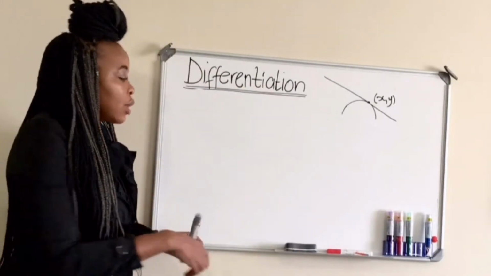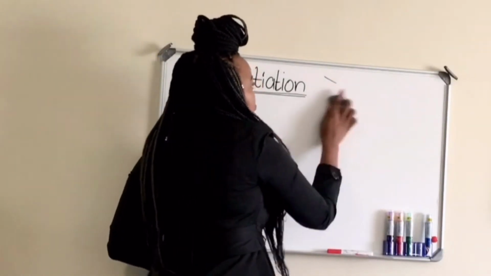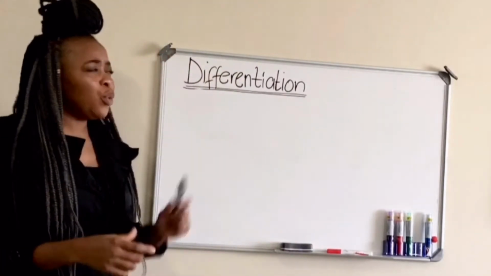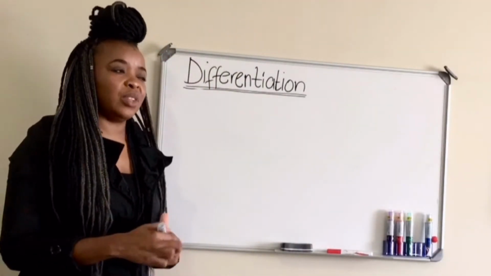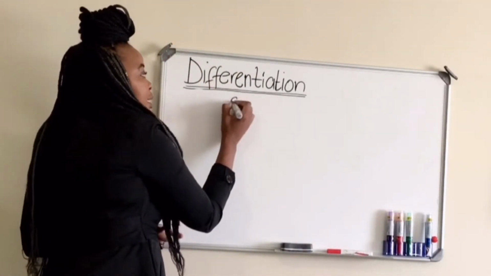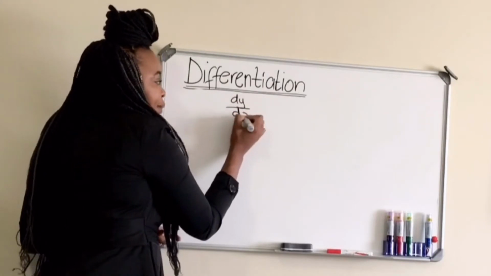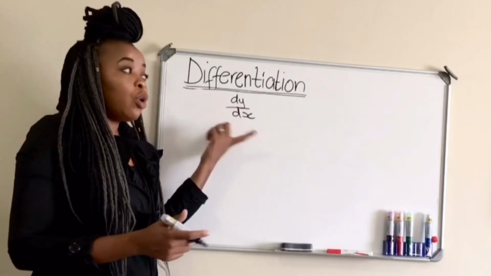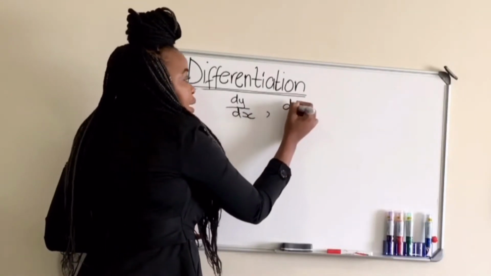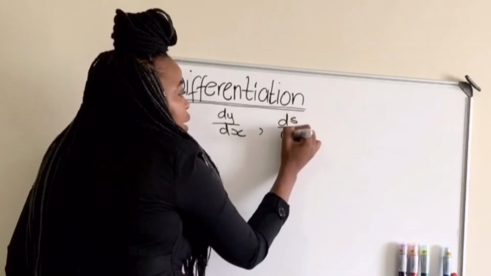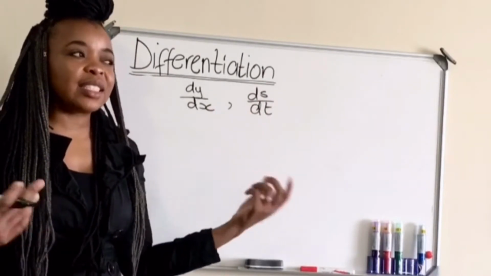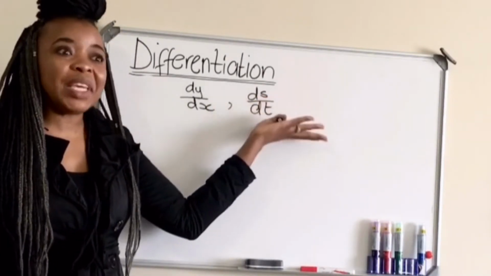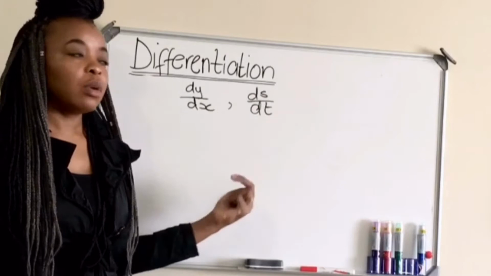We are going to look at how we can denote a derivative. What do we use to represent a derivative? We can use a symbol like dy/dx. This is just the derivative of y with respect to x. We could also say perhaps ds/dt. That's just the derivative of maybe speed with respect to time.